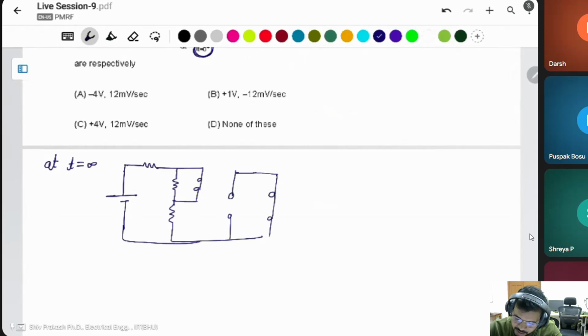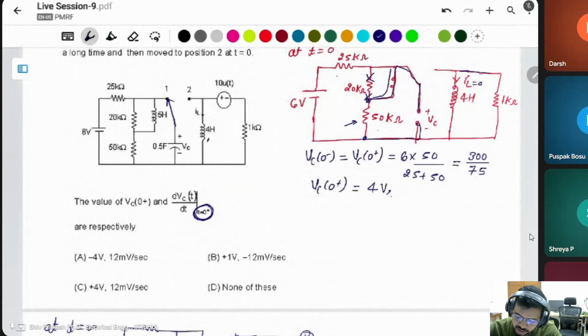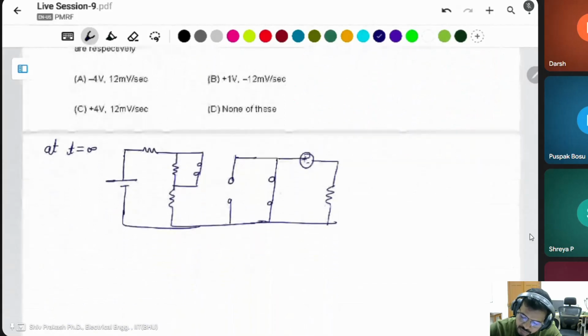This is 10 volt, this is 1 kilo ohm, this is voltage VC.